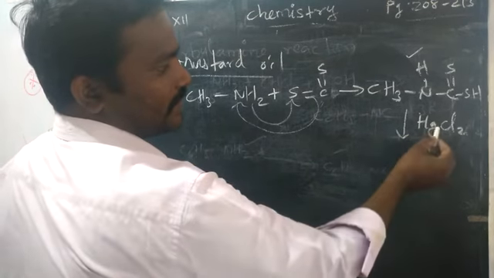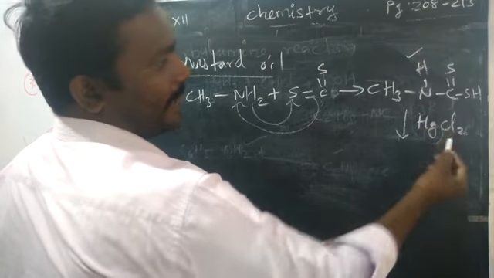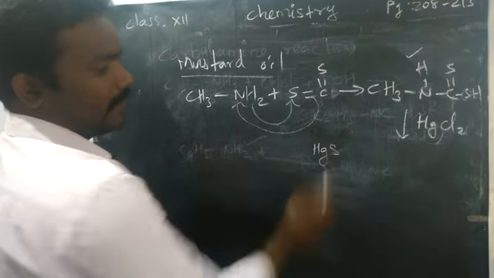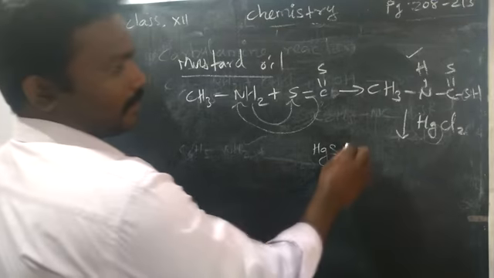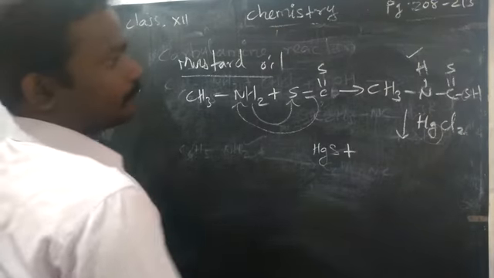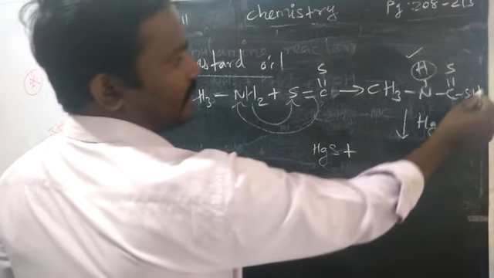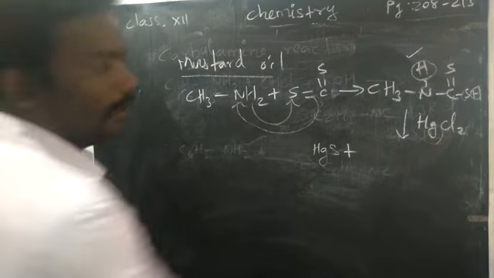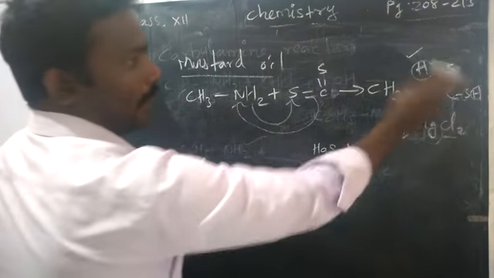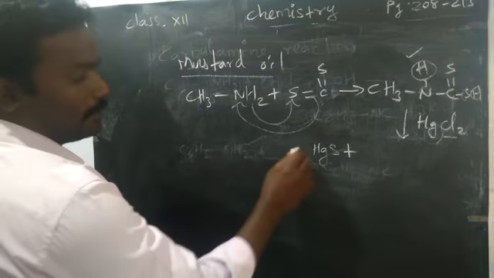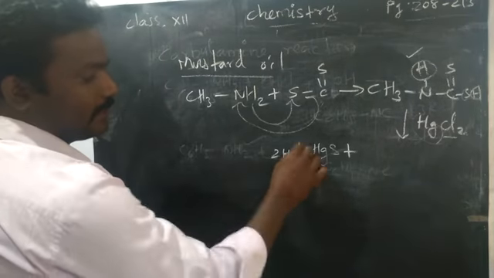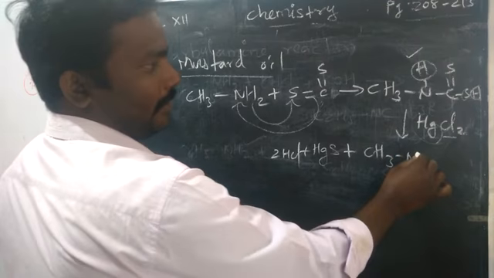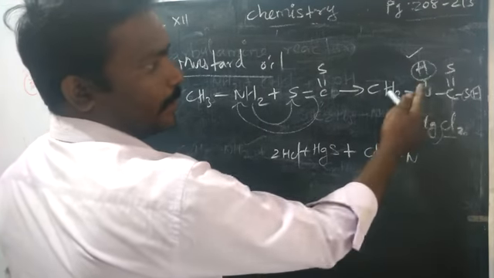Listen, the mercury will combine with the sulfur, and mercury sulfide, HgS, will go. Then one hydrogen and another hydrogen will go as 2HCl. Remaining is CH3N. Here we have removed one hydrogen, no?